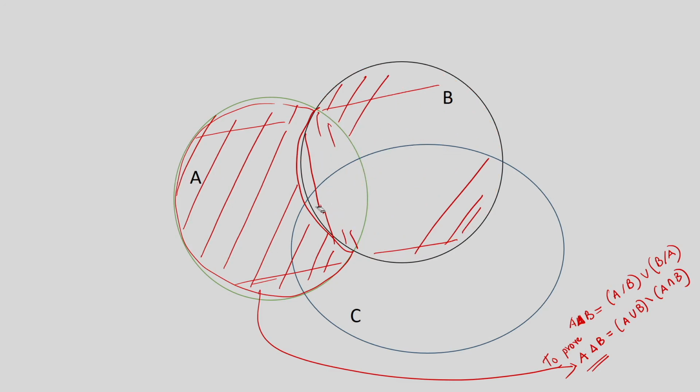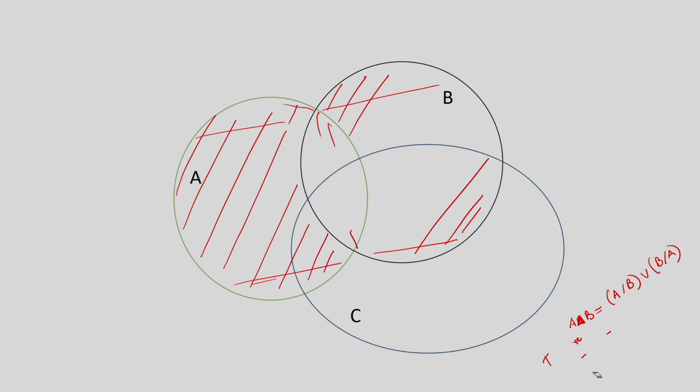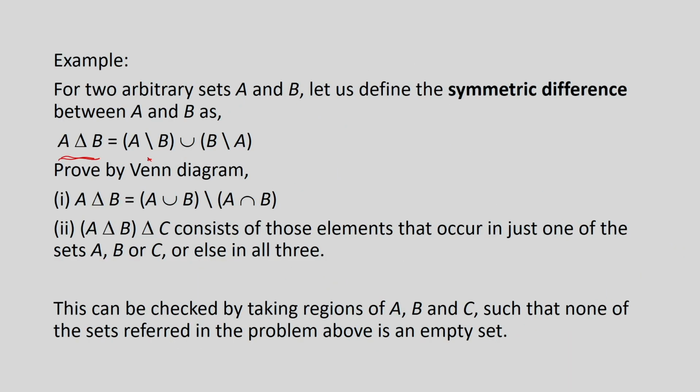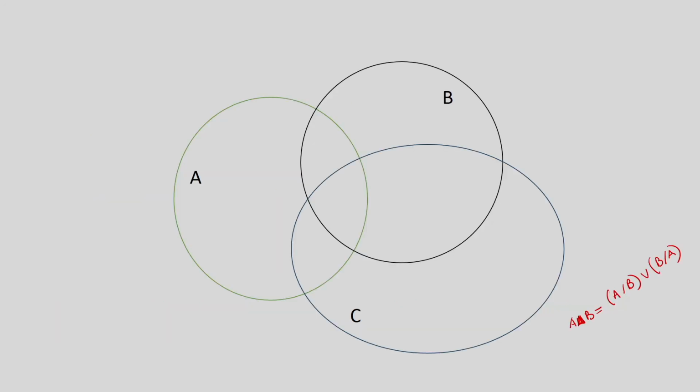Okay. Now, I am going to take up the next one. This was the first question. The next thing we have to prove here is A delta B and then after brackets delta C consist of those elements that occur in just one of the sets A, B or C, or else in all three.